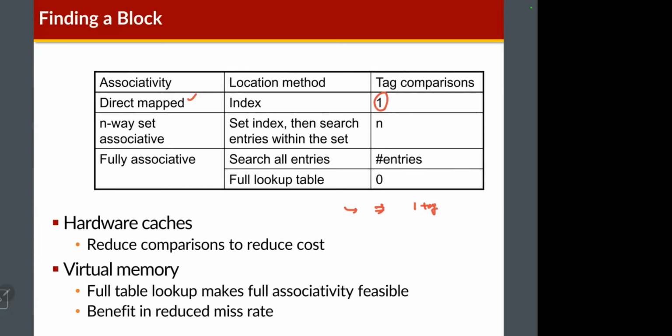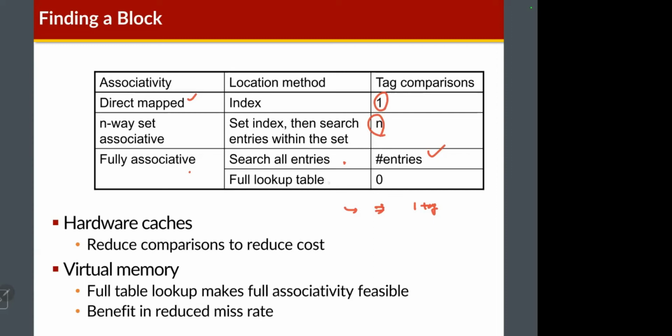If we use the n-way associative cache, then we require n tag comparisons. For the fully associative cache, we need to search all entries of the cache. But if we use a lookup table, I will explain. This lookup table is very similar to the page table of virtual memory, and I will explain it later.